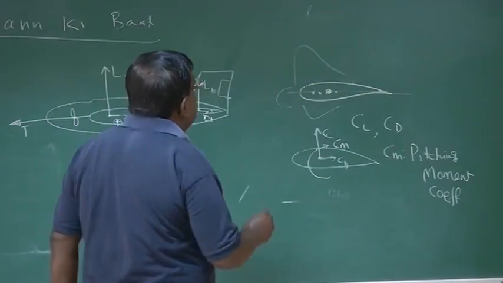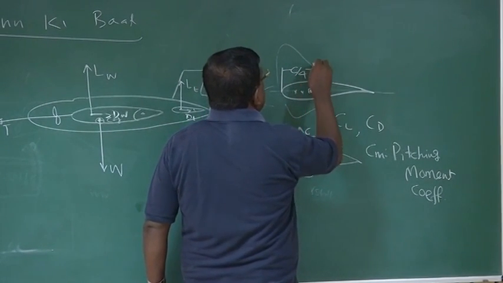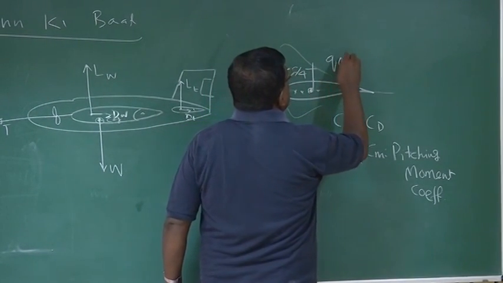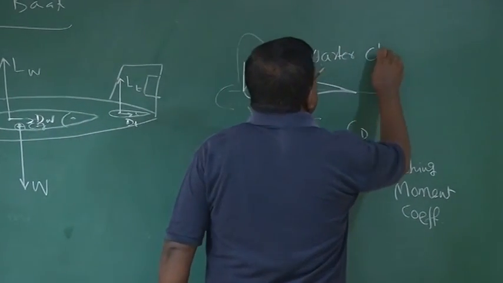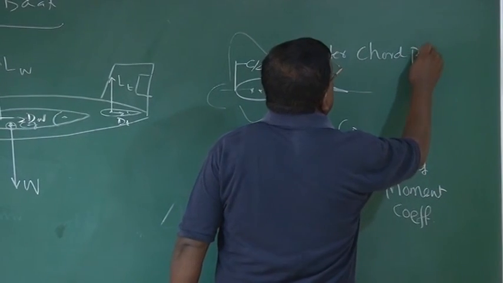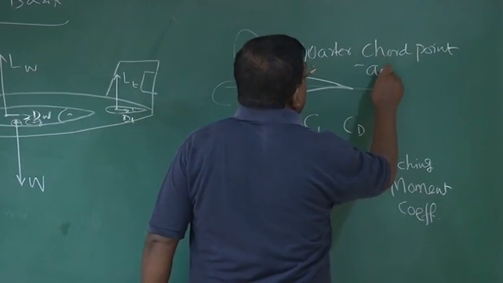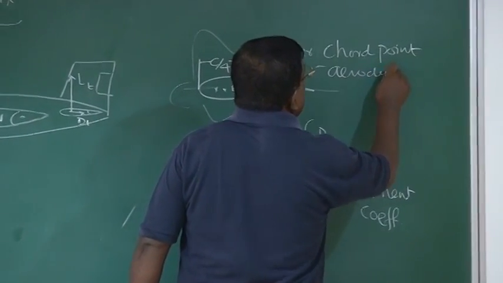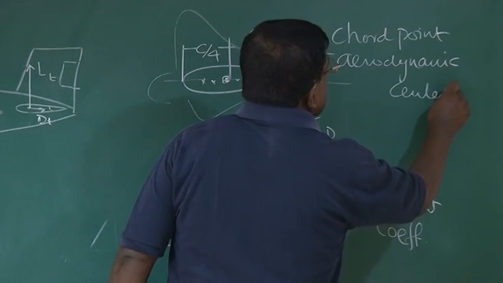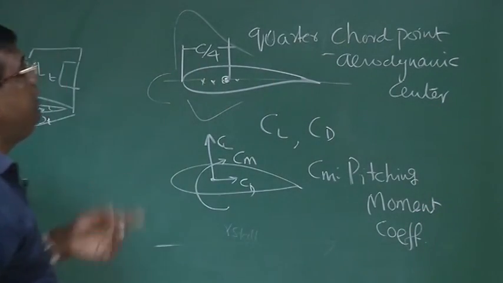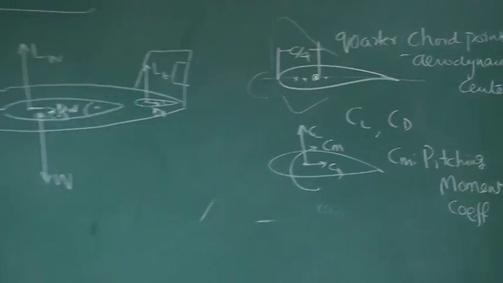However, there is a point which we call the quarter chord point, typically for low speed, which is also basically called the aerodynamic center. It so happens for low speed that the aerodynamic center is at quarter chord, 25% of the chord.